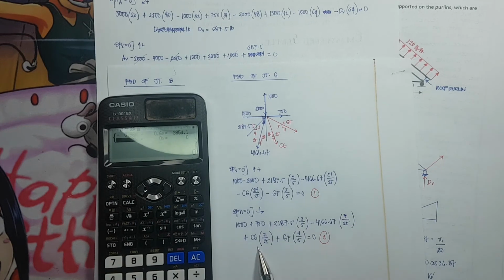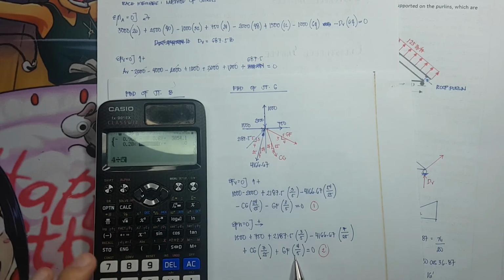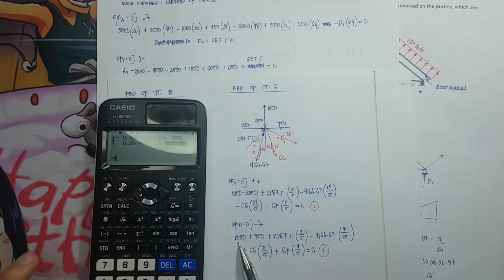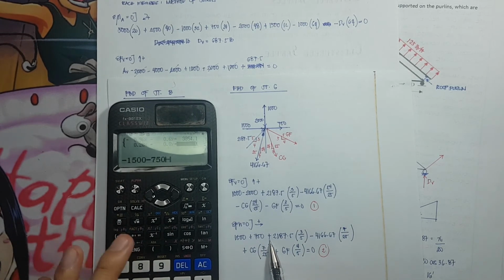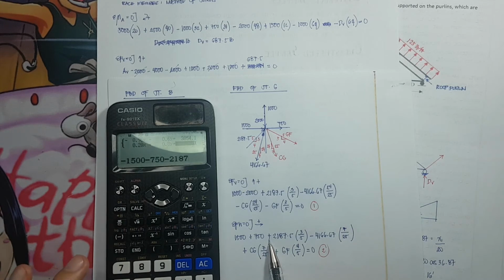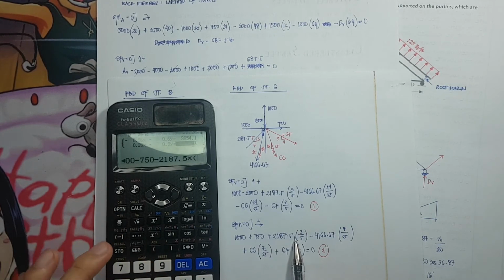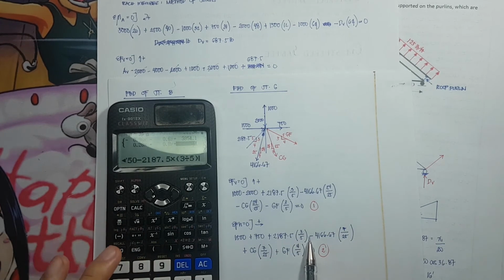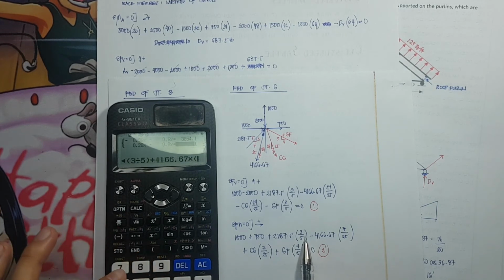Then for our second equation, we have CG 7 divided by 25, GF 4 divided by 5, then negative 1500 minus 750 minus 2187.5 times 3 divided by 5 plus 4166.67 times 7 divided by 25.